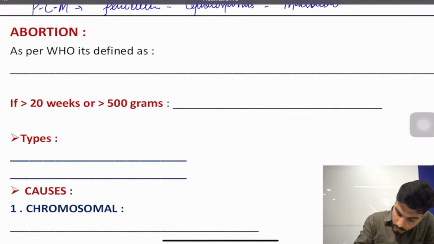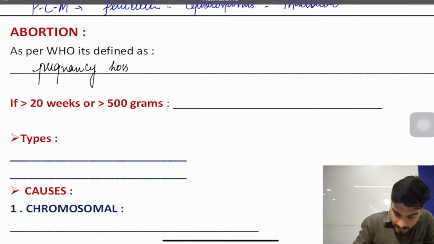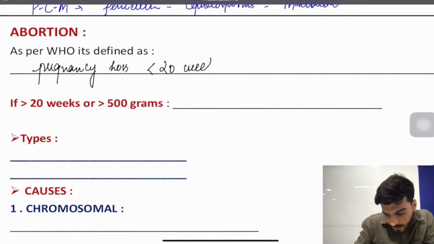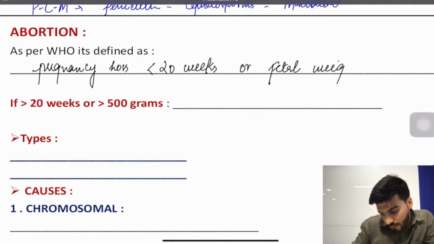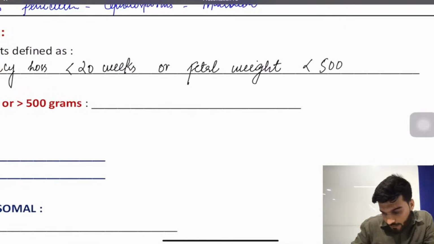Now if we talk about the WHO definition of abortion, it means pregnancy loss less than 20 weeks, or when the fetal weight is less than 500 grams.